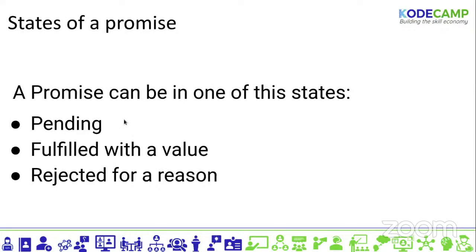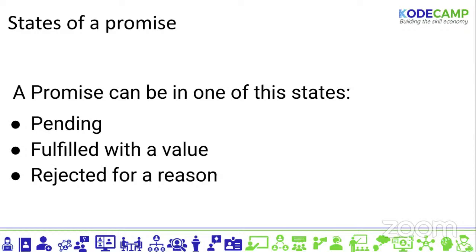So that takes us to the states of a promise. A promise can be in one of these states. It can be pending, which means the promise hasn't been fulfilled or rejected yet. A promise can also be fulfilled, which means it returns maybe a desired value.